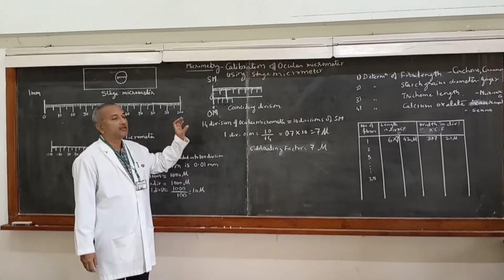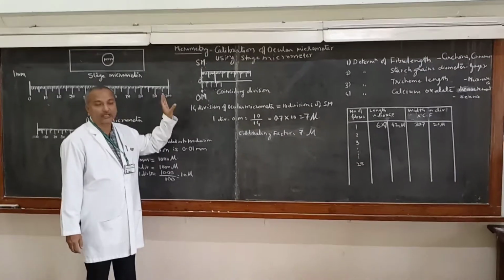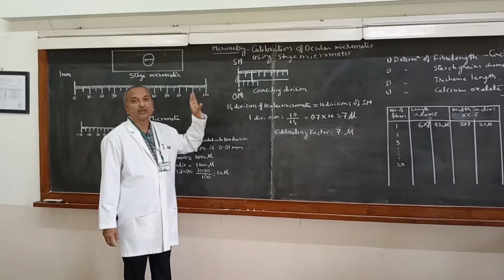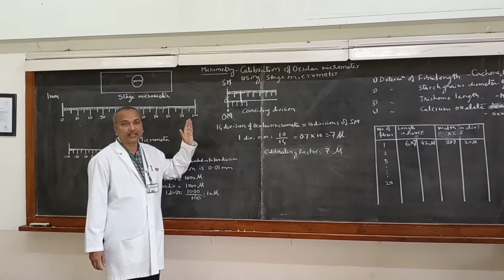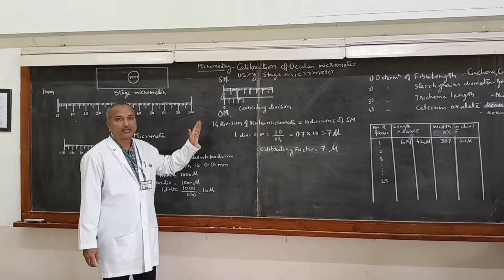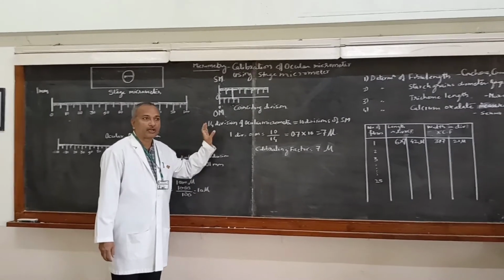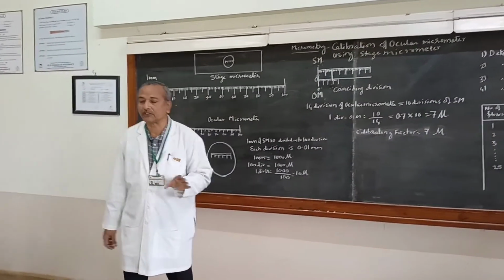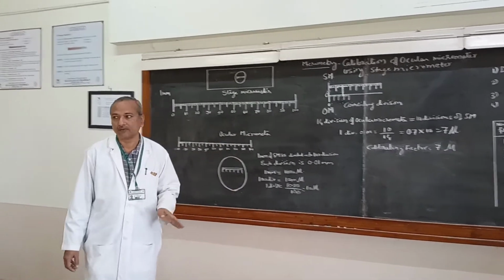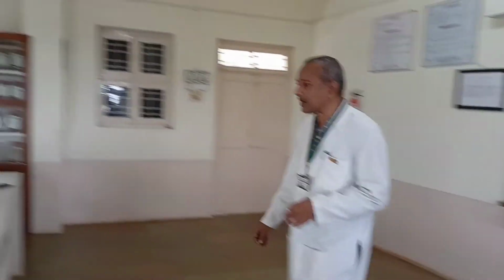The ocular micrometer you are using for different microscopes has to be calibrated, that one should remember. If the ocular micrometer is calibrated, then we can make use of those values for the calculation purpose itself. So let us come to the experimental part.